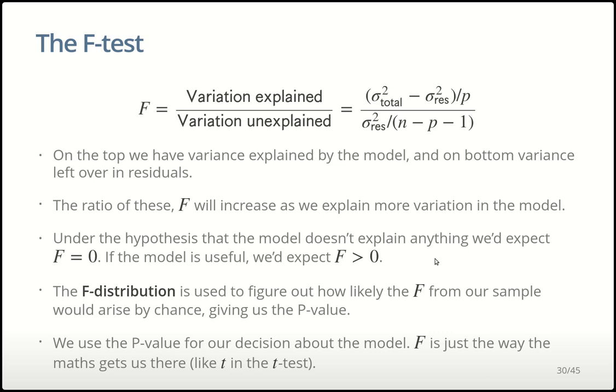Otherwise, we'd expect F to be non-zero, some large positive number. And there's, of course, a distribution that defines how large we'd expect F to be with various amounts of confidence, right? Just like there's a normal distribution that explains how far away from the mean you'd expect to be for given levels of confidence, right? It's the same basic idea.